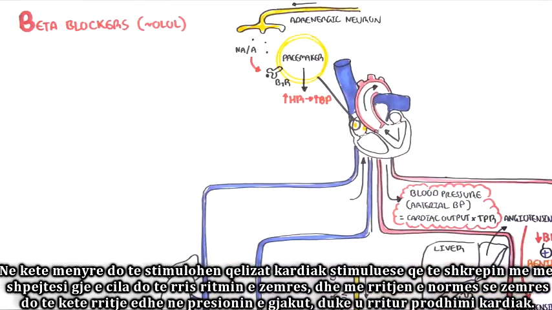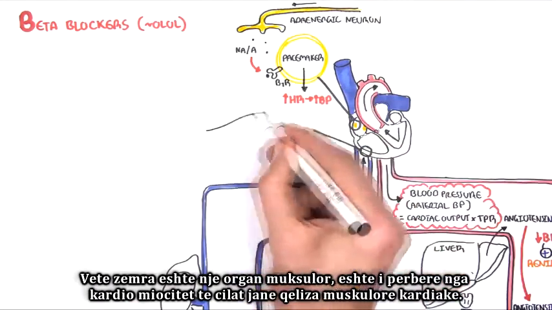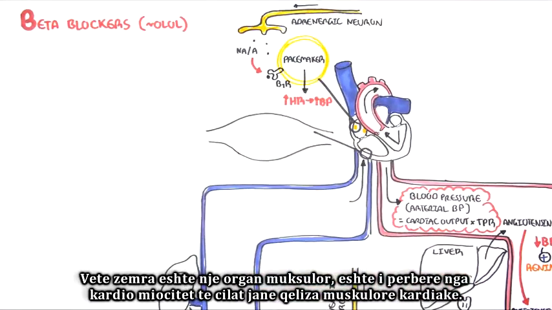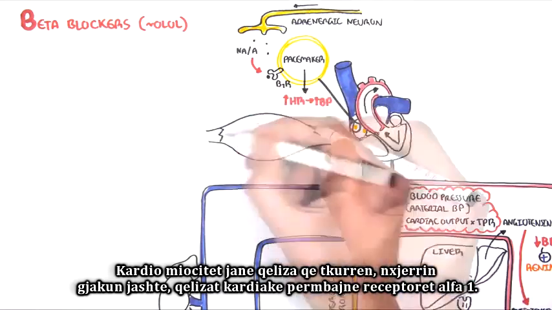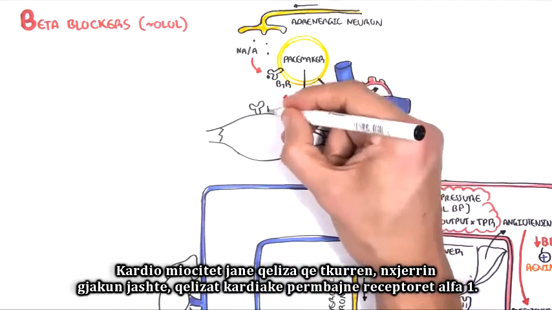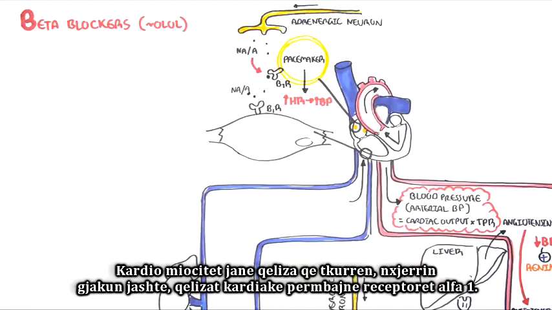Because you get an increase in heart rate, you will get an increase in blood pressure by increasing the cardiac output. Further, the heart itself is a muscular organ. It is made up of cardiomyocytes, which are basically the cardiac muscle cells. The cardiomyocytes are the cells which contract and help eject blood out. The heart muscle cells also contain beta 1 receptors.